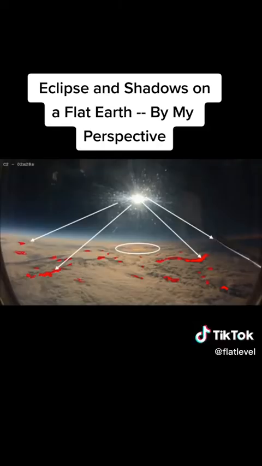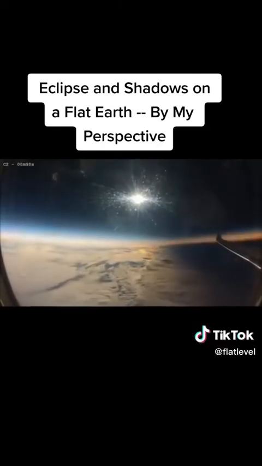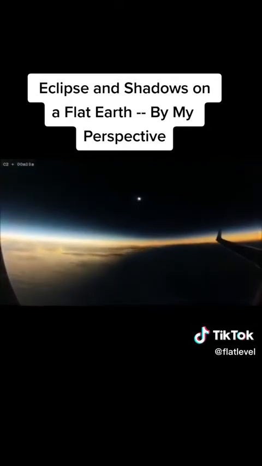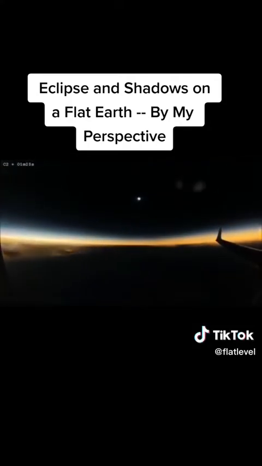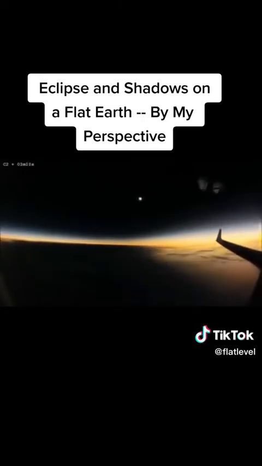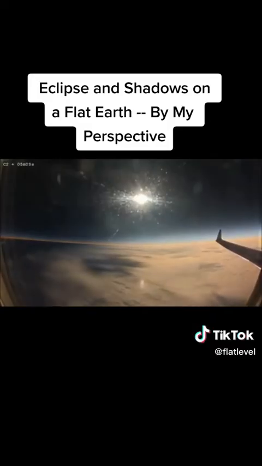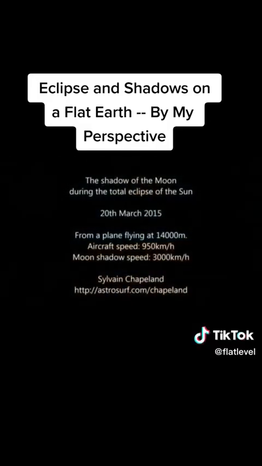Look, pay attention. There's the hot spot and the shadow in the same frame of reference. So the moon blocks out the light from the sun, and as it passes the sun, look at the shadow. It's long and elongated. How is it possible if we're on a ball earth?